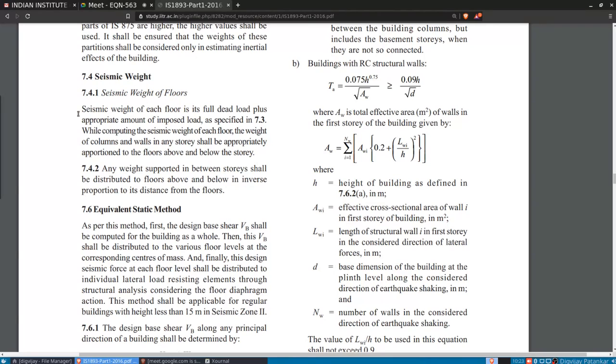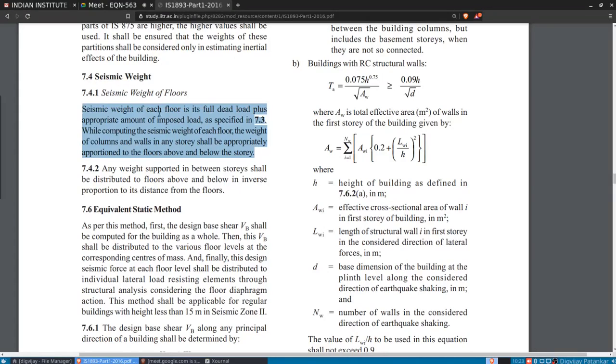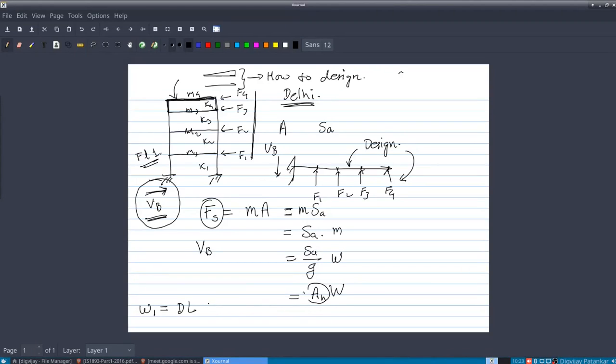So what this tells me is that the seismic weight of each floor, suppose this is floor 1, so seismic weight of floor 1 is equal to dead load plus appropriate amount of imposed load, so some fraction or some percentage of imposed load.